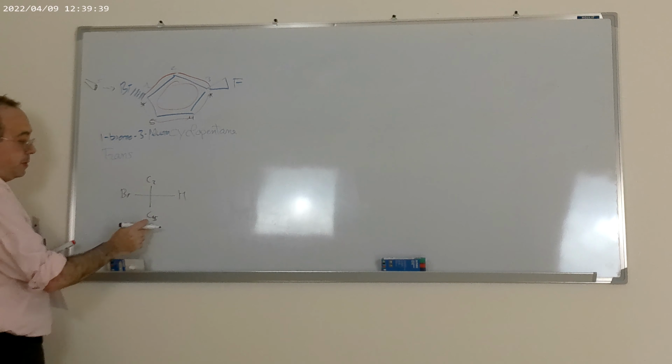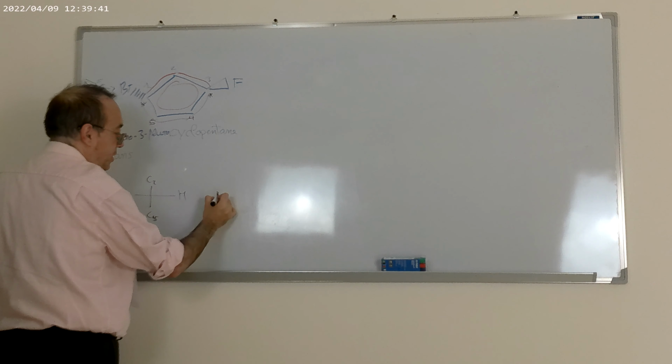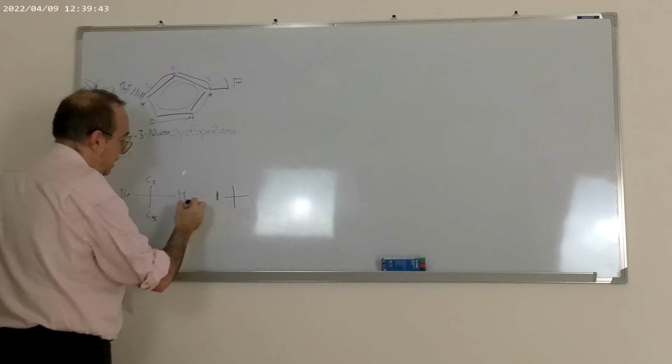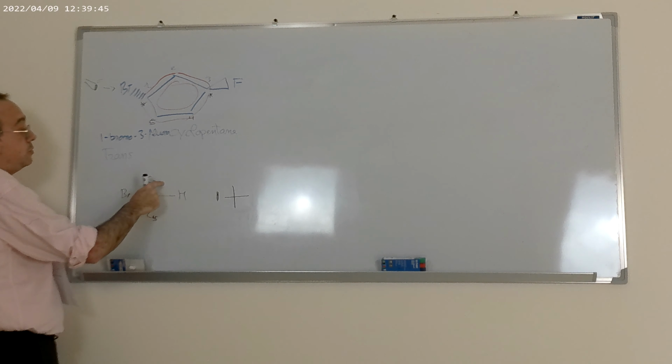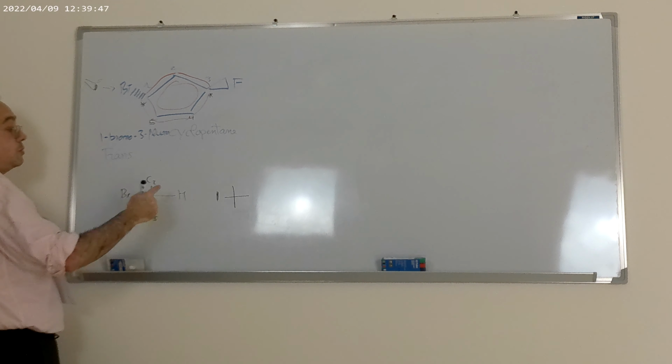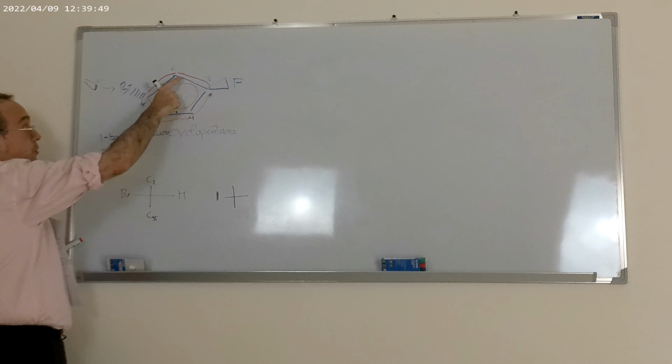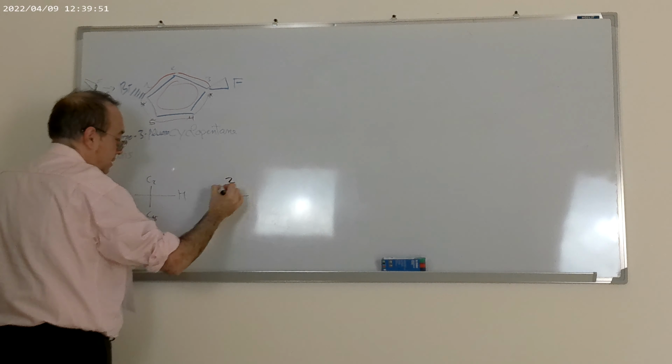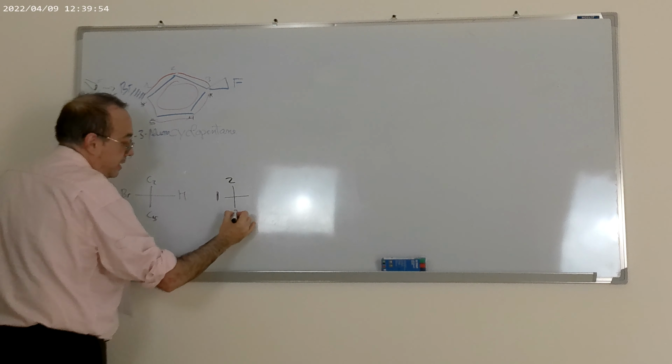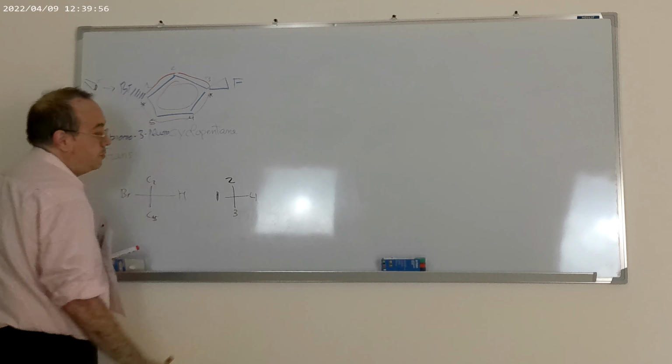Okay? We give the priorities. Bromine is priority number 1, it's a heavier atom. Then C2 will be priority number 2. Why? Because we have the fluorine closer. C5 will be number 3, and finally hydrogen will be number 4.